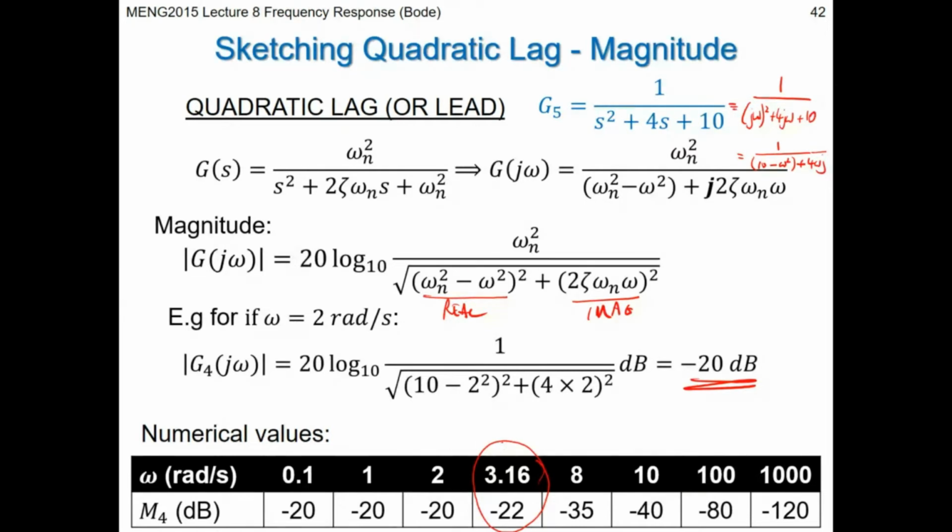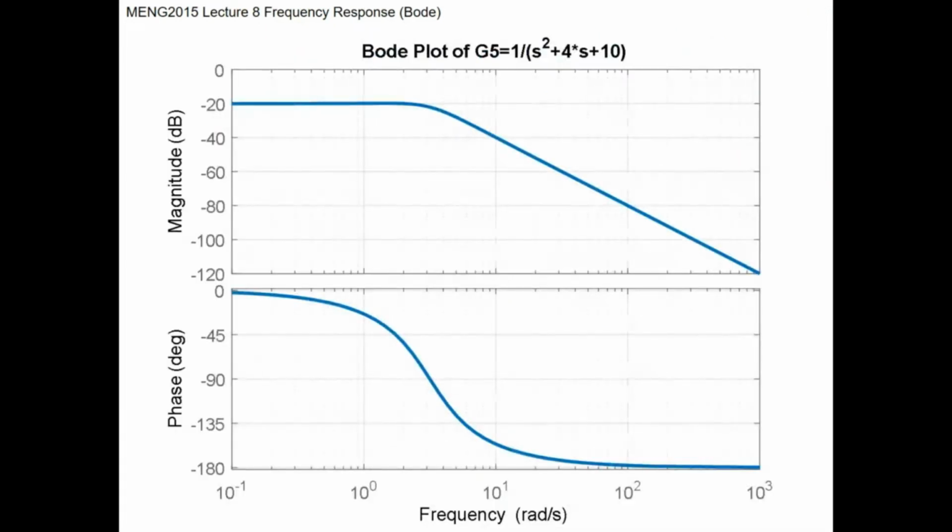This 3.16 also corresponds, by the way, to omega n. Right? That's because it's root 10. So ignore the phase on the bottom for now because we haven't dealt with that yet, but let's look at the magnitude plot. You can see it's a straight -20, and then around here somewhere there's a change in the slope.